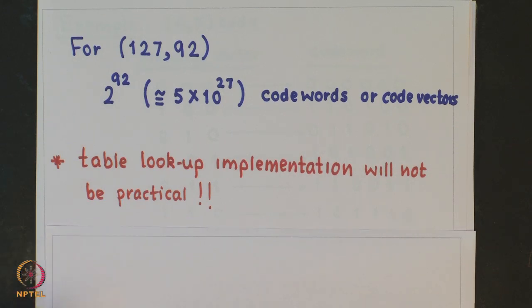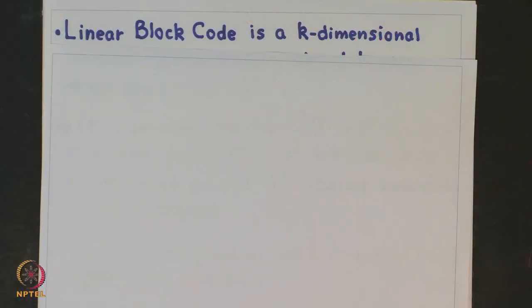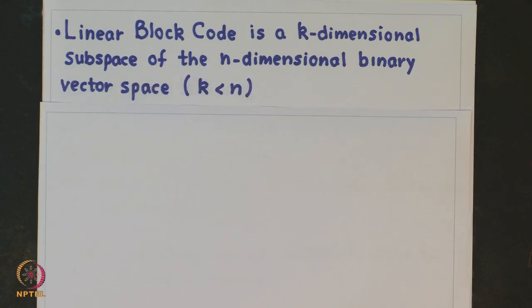So, let us look at a feasible implementation of a linear block code. Observe that a linear block code is a k-dimensional subspace of the n-dimensional binary vector space, where k is less than n. This is the definition of a linear block code.